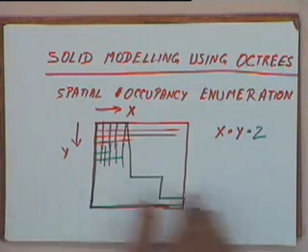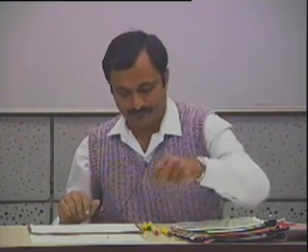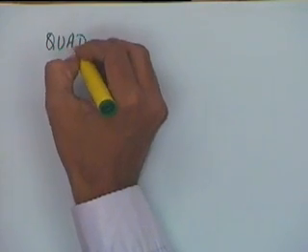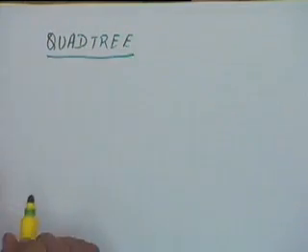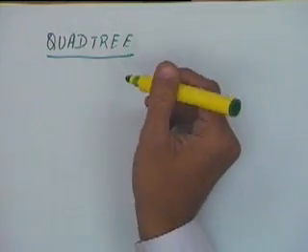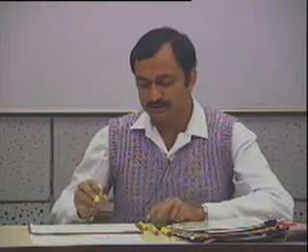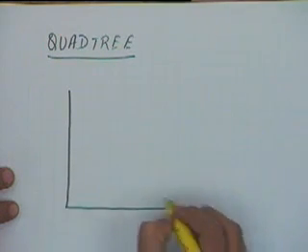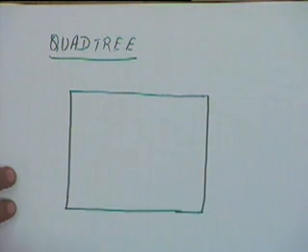So in order to take care of this, one method that is used is what is called a quad tree. This is a technique which is used to model 2-dimensional surfaces. For 3 dimensions we will go on to octrees, we will come to that. So for a 2-dimensional surface, if we have an area like this which has to be modeled, we will first divide this into 4 regions.